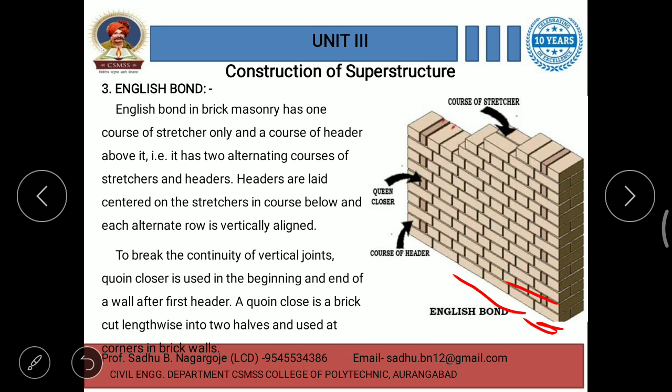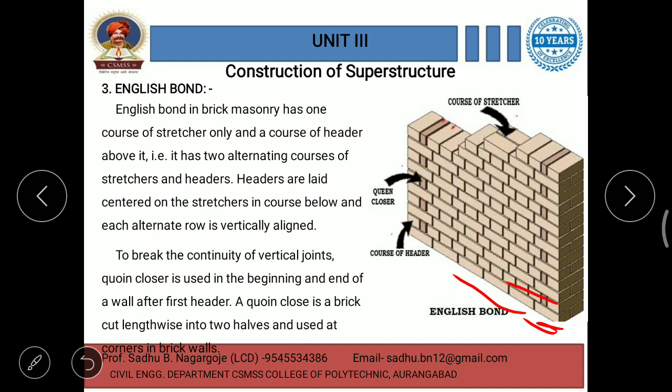The construction of brick masonry using alternate stretcher and header courses is called English bond. That is, it has two alternating courses of stretchers and headers. That makes an English bond.